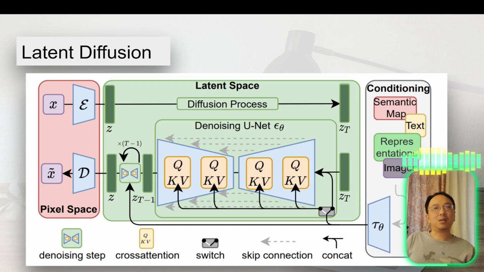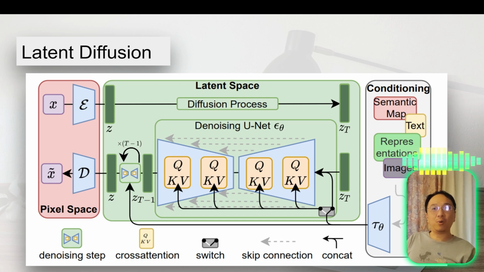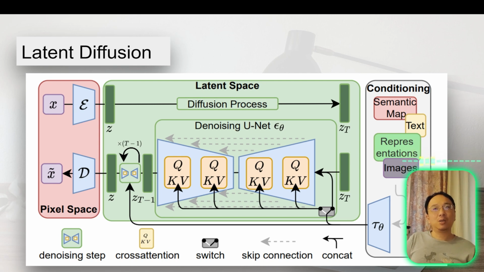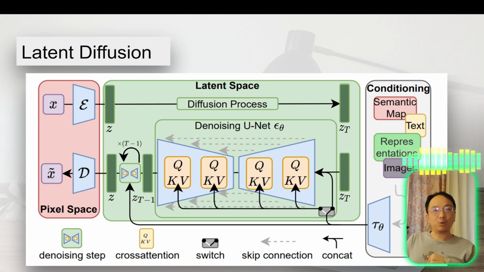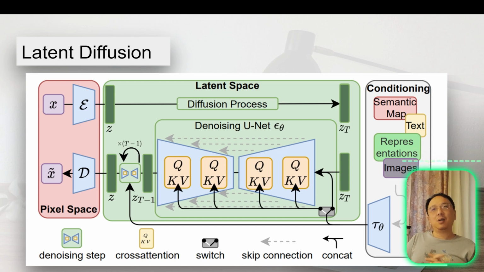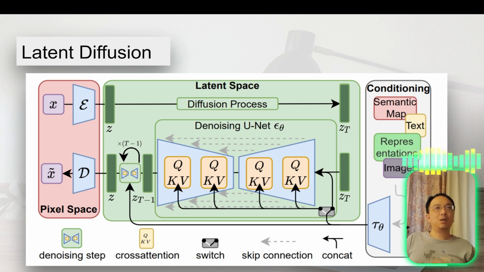So we can think of latent diffusion as a spiritual successor to VQ GAN. In fact, the encoder-decoder of the latent diffusion is pretty much the same as VQ GAN. Just one key difference is that the latent diffusion does not use the quantization component.